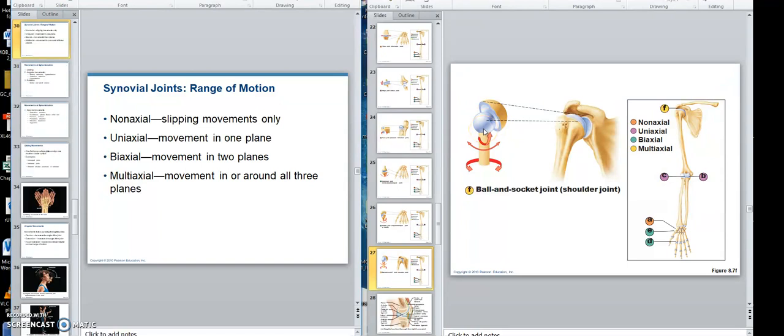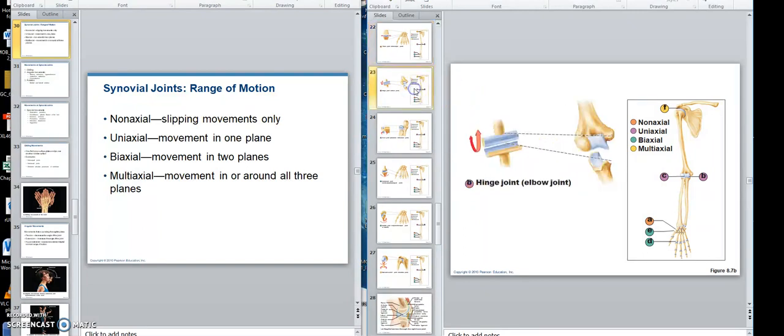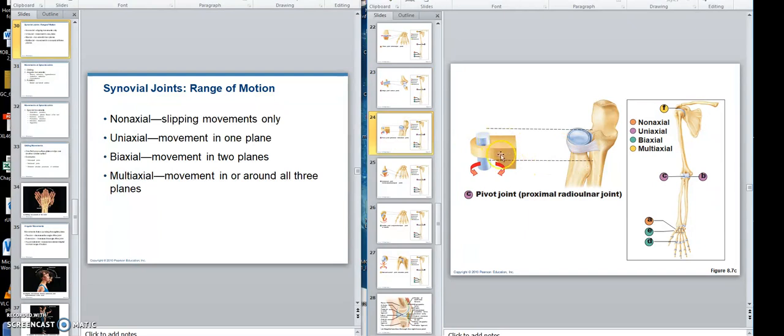Non-axial would be more this here: slipping movements only, just sliding. Uniaxial is really in one plane, so you can only go in that one plane, the way this is. Biaxial, you could slip around here in a couple of planes. See, 1, 2.